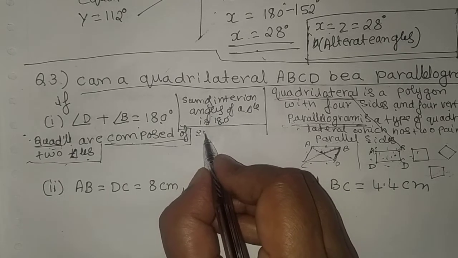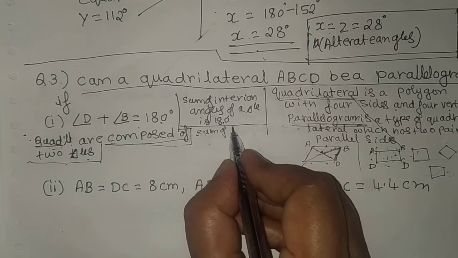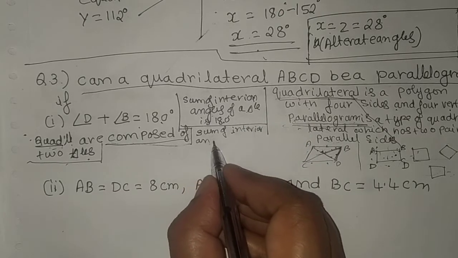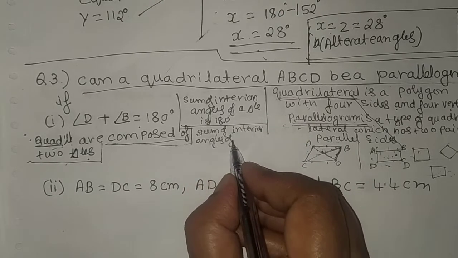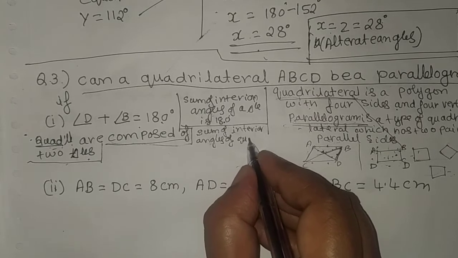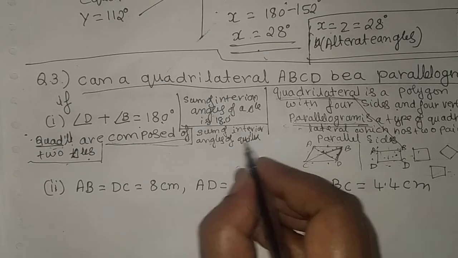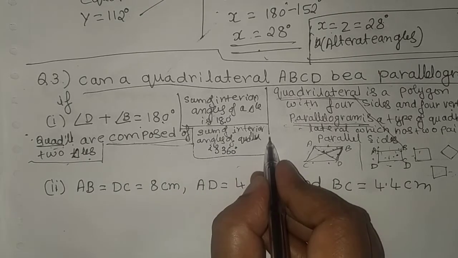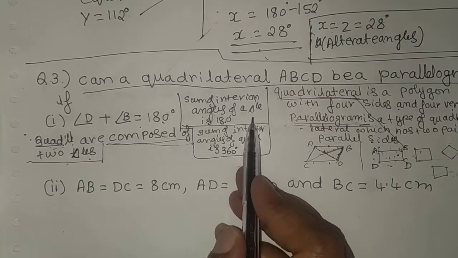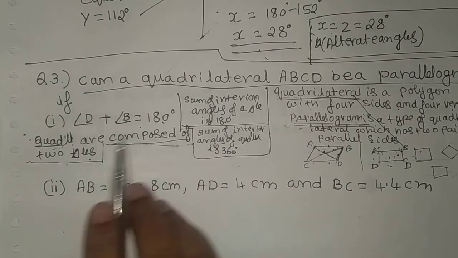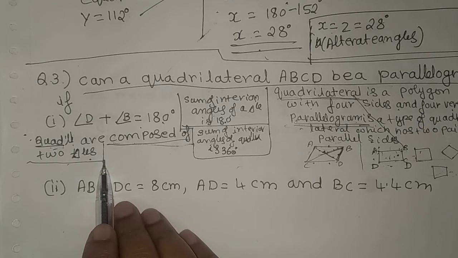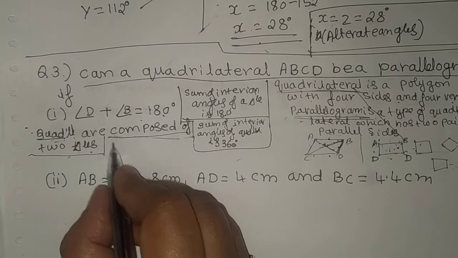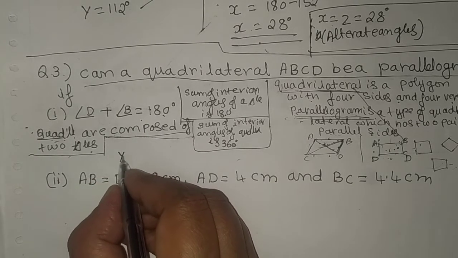Therefore, the sum of interior angles of a quadrilateral is how much? 360 degrees. So we wrote three things: the sum of interior angles of a triangle, the sum of interior angles of a quadrilateral, and that a quadrilateral is composed of 2 triangles. So the answer here is that this may be or may not be, meaning yes or no, both are correct.